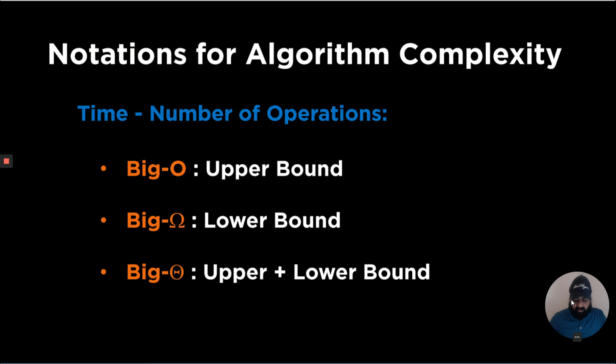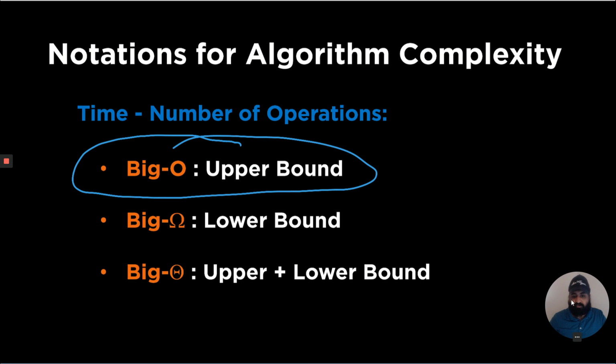In the entire course we'll just focus on one of them, which is big O, and I'm going to give you a reason why. Big O gives us an upper bound, a maximum time that an algorithm will take to execute, while big omega gives us a lower bound, the minimum threshold of time that the algorithm will take to execute.